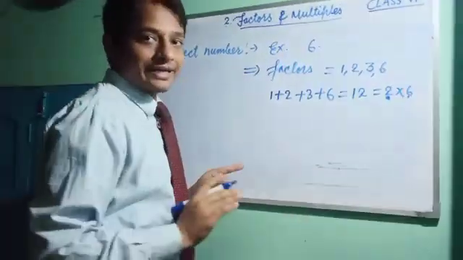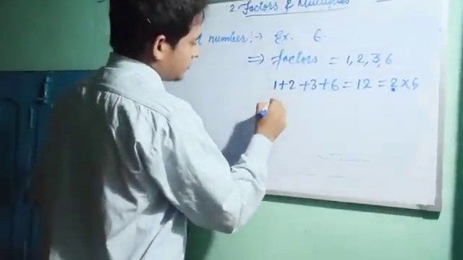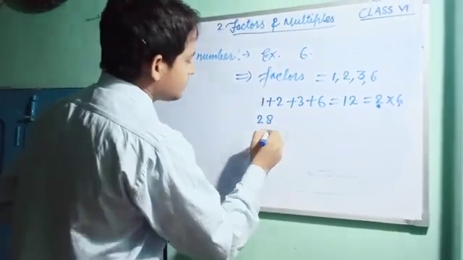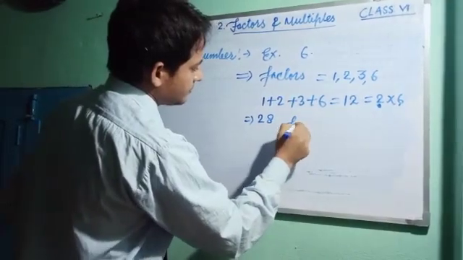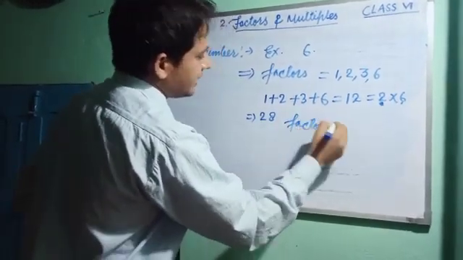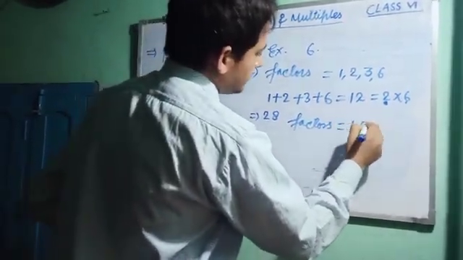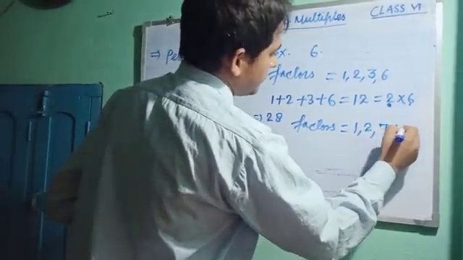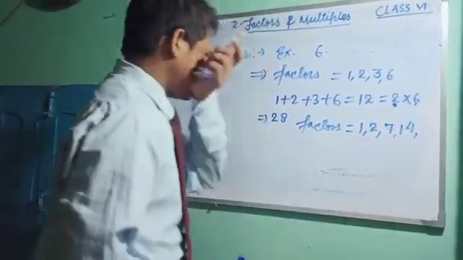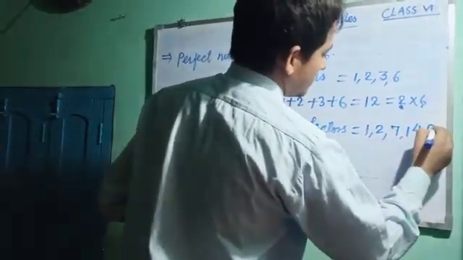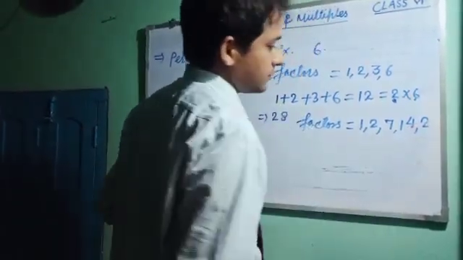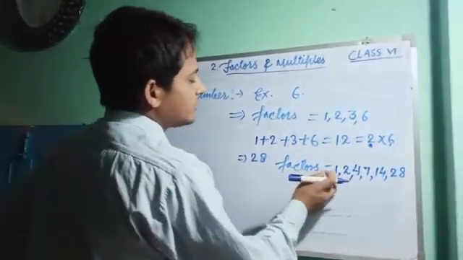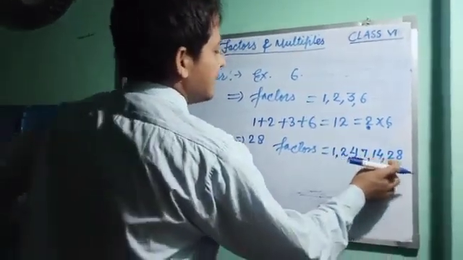Next example. What about 28? Now the factors of 28 are 1, 2, 4, 7, 14 and 28.